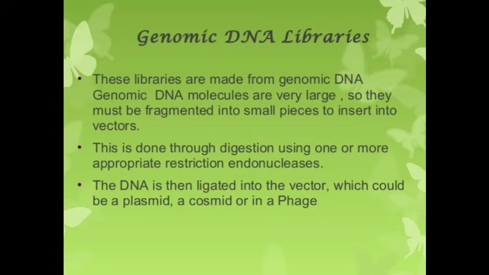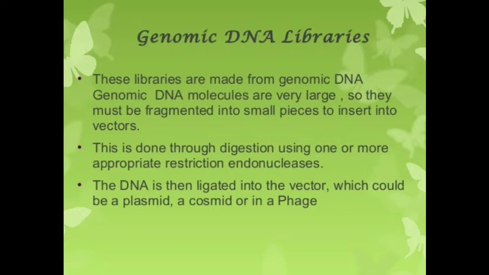Okay, that is the collection of bacterial colonies, which is a gene bank. In the process of construction, the DNA is cut into small fragments with the help of restriction enzyme. See, restriction enzyme has a very important function.